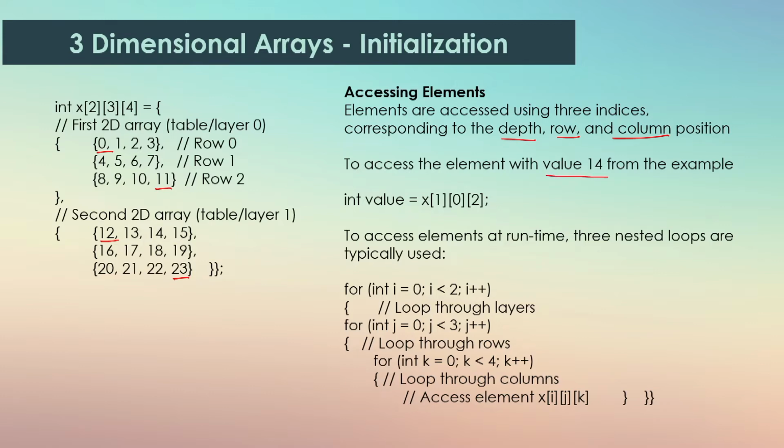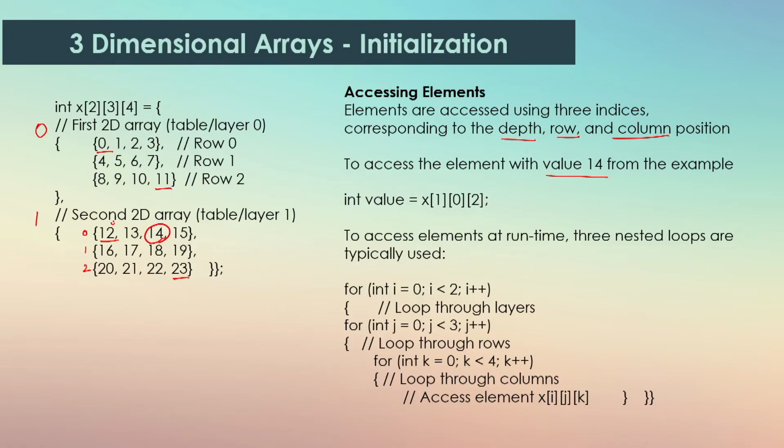So, how can we access the element 14? The index of the first table is 0, the index of the second table is 1, right. Then the row index of the number 14 is going to be 0, 1, 2, so the row index we have to calculate, and the column index would be 0, 1, 2, 3.